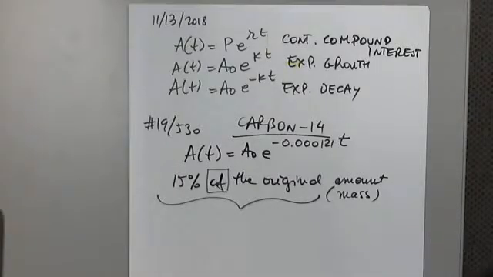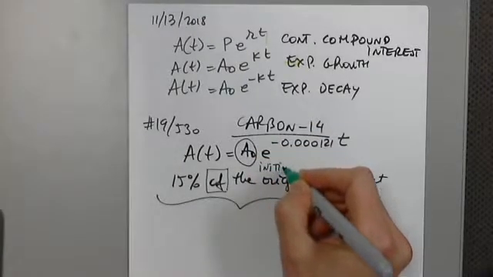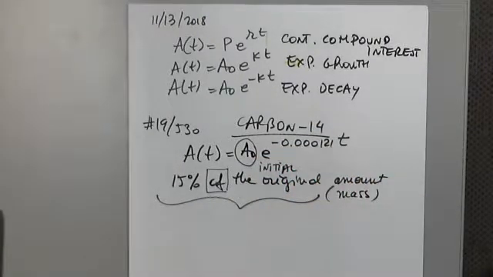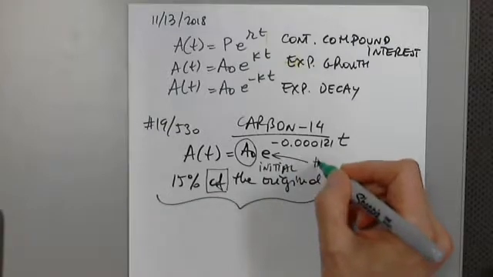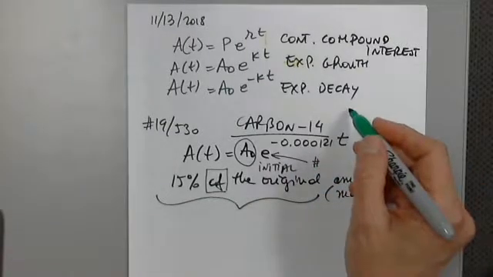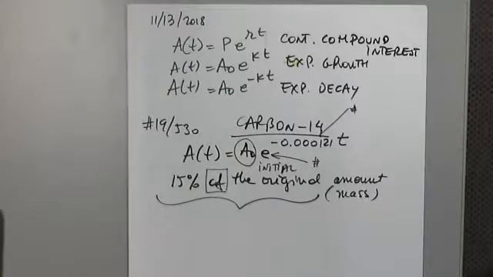So now remember what these letters represent one more time. This is the initial amount, initial mass, initial or original, or the starting point. E is a number. No worries about it. The rate is another number, constant.